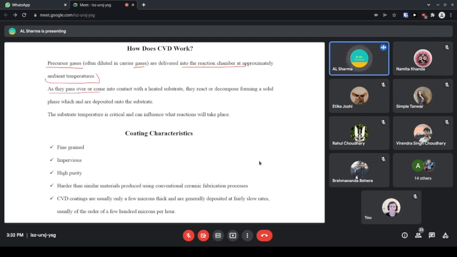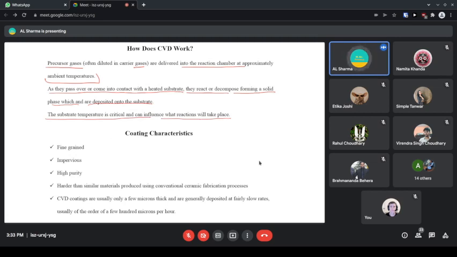As they pass over and come into contact with a heated substrate on which you are going to deposit, they react or decompose, forming a solid phase which deposits onto the substrate. The substrate temperature is critical and can influence what reactions will take place.